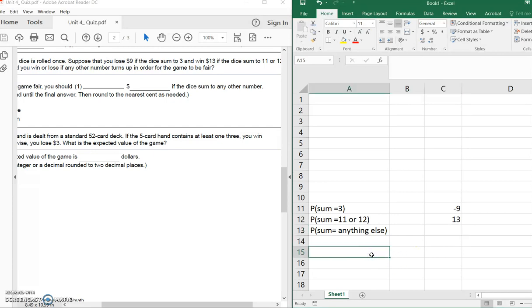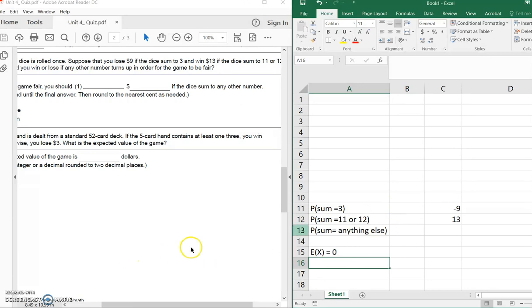That means the expected value would be equal to 0, because if the expected value is a positive number, then the game favors you. If it's a negative number, then it doesn't favor you. So if it's 0, it's kind of a fair game, because the winning and losing is equally likely, essentially what it means. So let's calculate this probability.